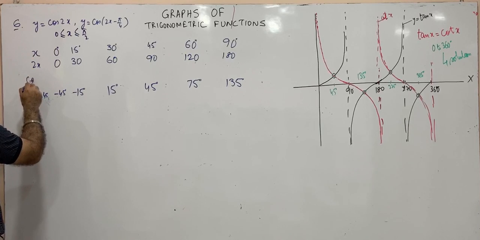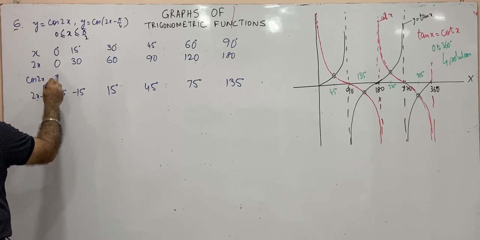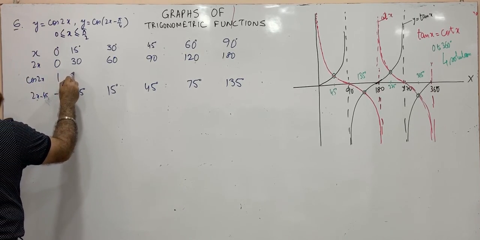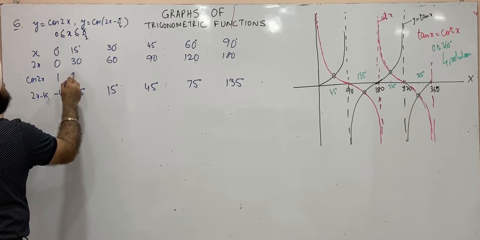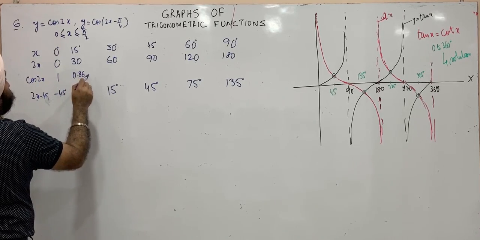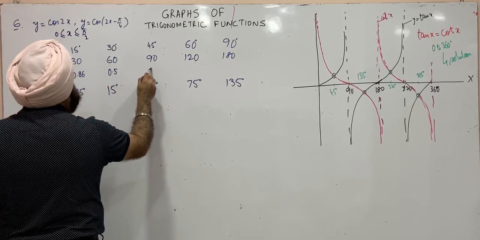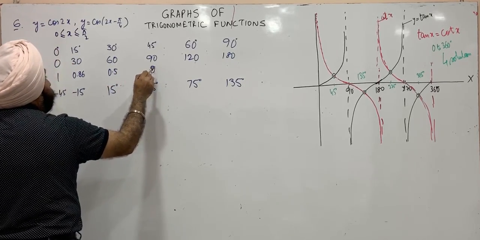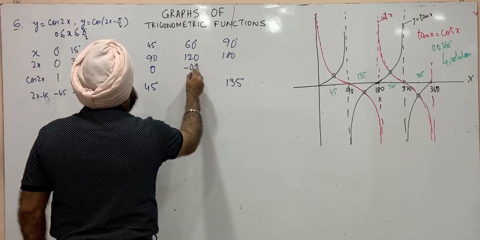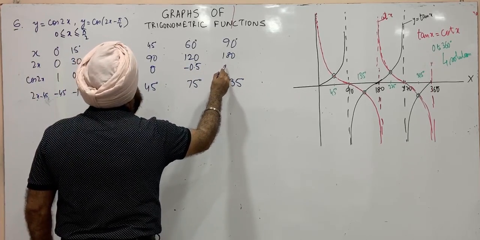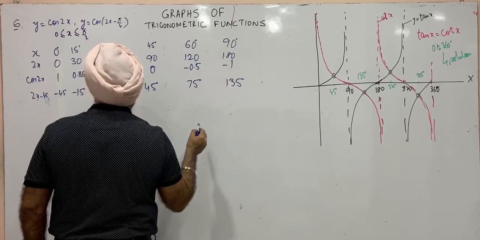We can find out values of cos of 2x: cos of 0, cos of 30. This will be 0.86, this is 0.5 and cos 90 is 0. Then cos of 120 is minus 0.5 and this is minus 1.